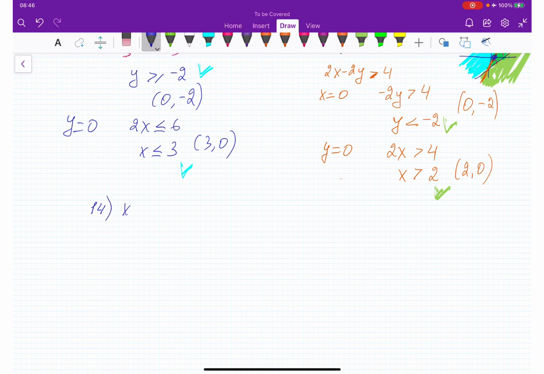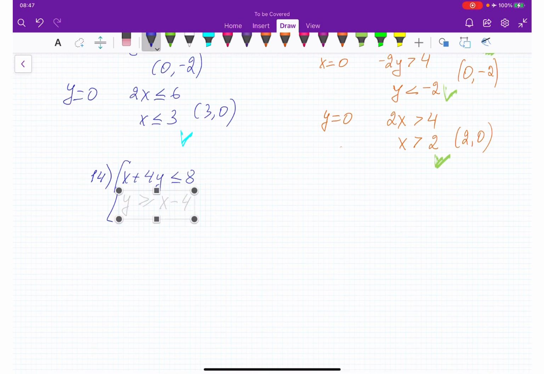X plus 4y is less than or equal to 8, and y is greater than or equal to x minus 4. All right. Let's see. Let's start with the blue one.